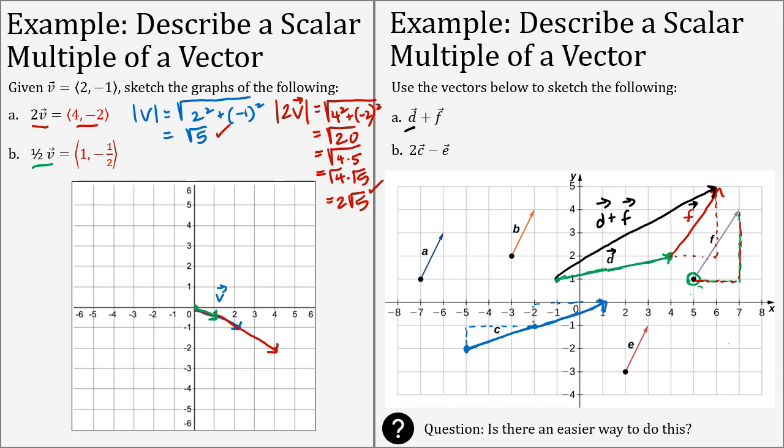Now, what I want to do is I want to start on this terminal point of vector 2C, and I want to subtract vector E. Okay, now the way that I subtract vector E is by adding the opposite of E. Add the opposite.